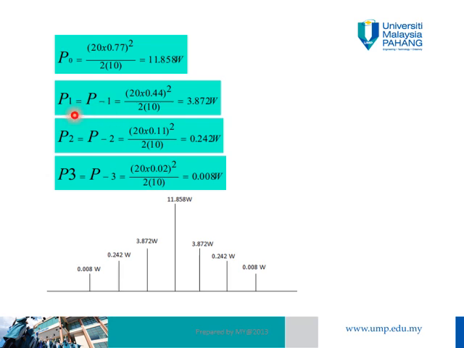So P1 equal to 20 multiplied by 0.44 squared over 2 times 10, which is 3.872 watt. Okay, so this is the spectrum, this is the carrier, first frequency, second frequency, and third frequency.